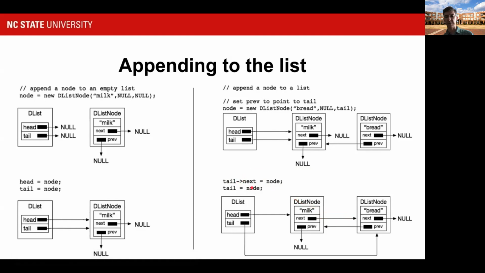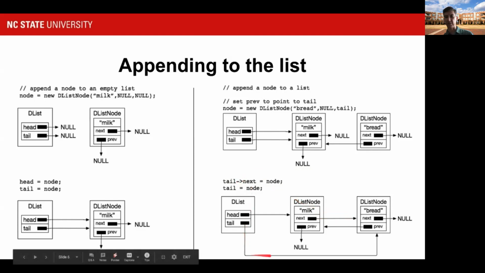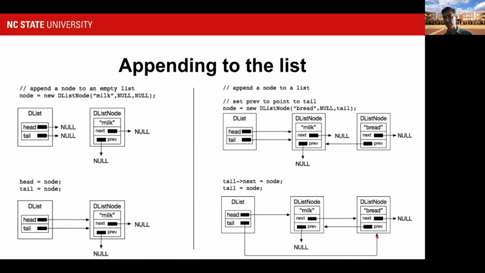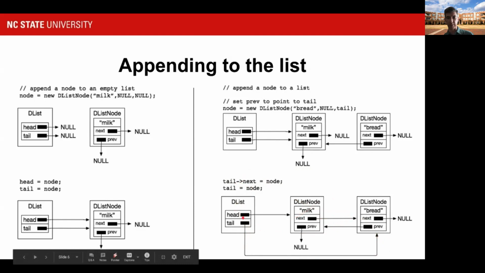And then we say tail equals node, and that inserts this link from the tail pointer in the dlist object to connect to this new node we just created. Now if we look at what I've drawn, we can see that from head I can follow next from milk to bread, and from tail I can follow previous from bread back to milk. So I have two lists, fully connected, and one's the reverse of the other.